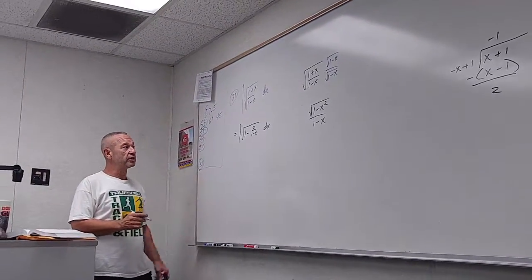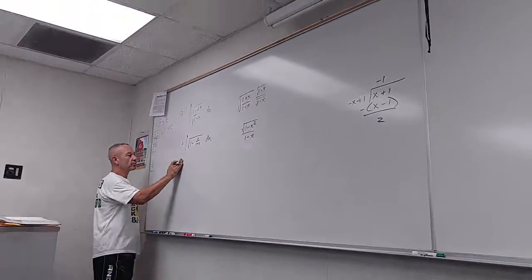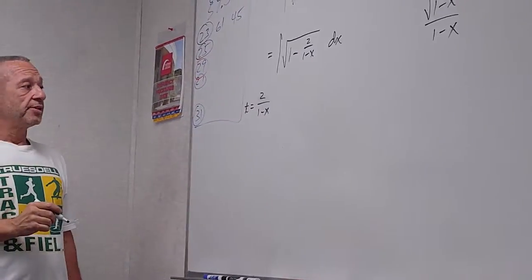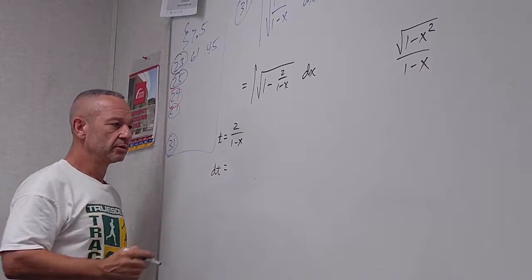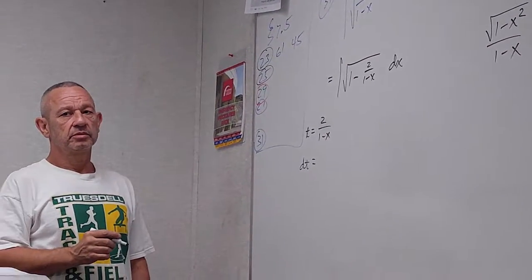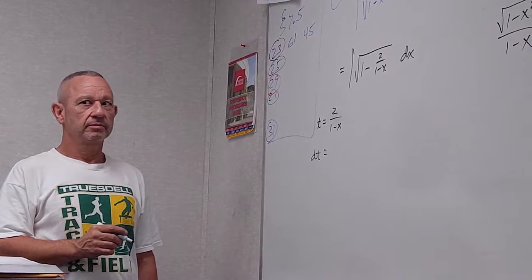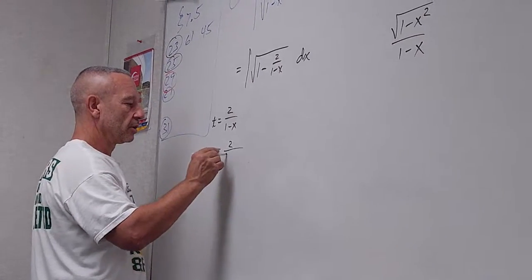Well, let's see. If you did this here, if you let t equal 1 minus x, I would say probably 2 over 1 minus x. Then what's dt? Negative 2 over (1 minus x) squared.